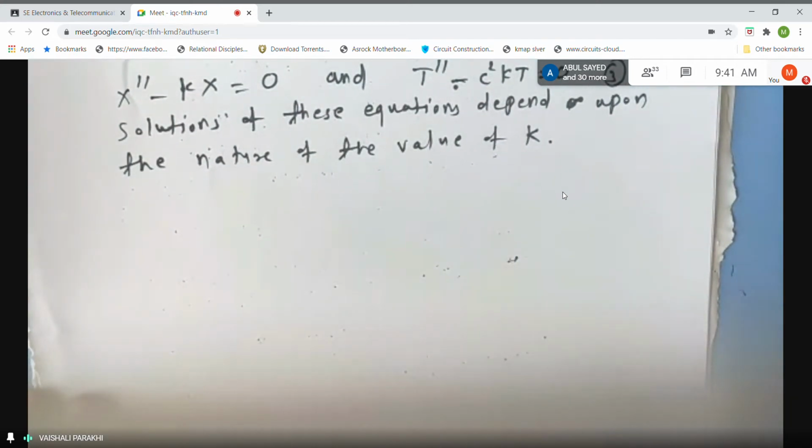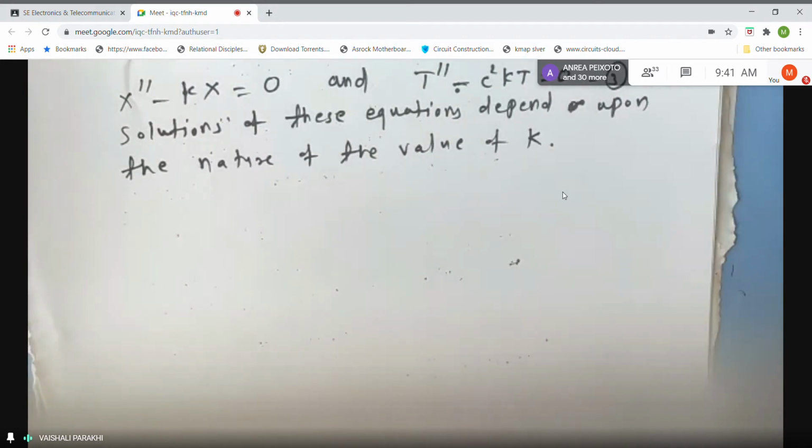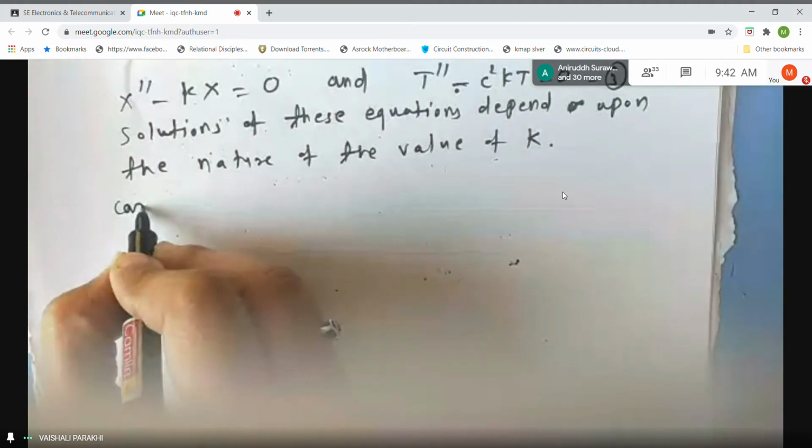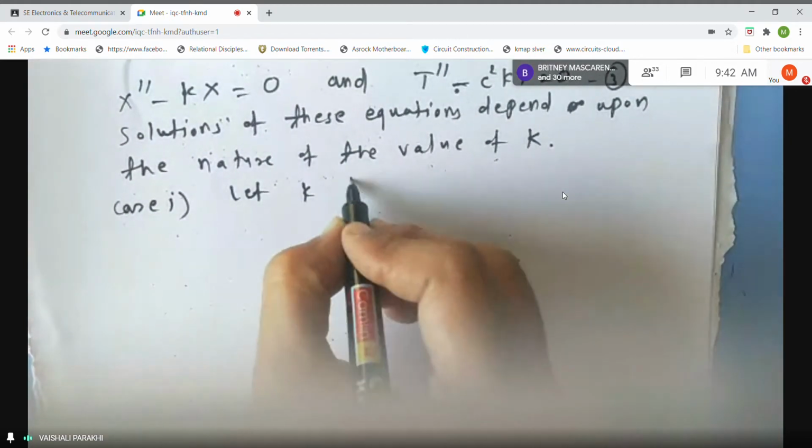So mainly we are going to consider 3 different cases for k, students. First we'll say that k is positive, then we'll say that k is negative, and then one more possibility is when k is 0. So in all 3 different cases we are going to get different solutions, and then we have to choose the proper solution amongst these 3, right? So let us start with case 1. Say that let k be positive.